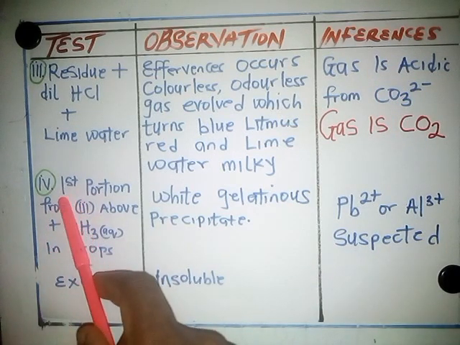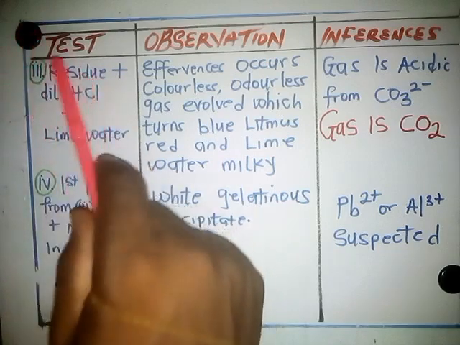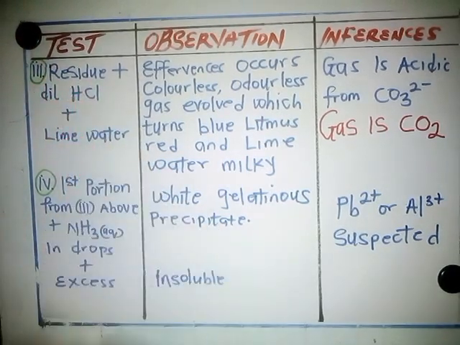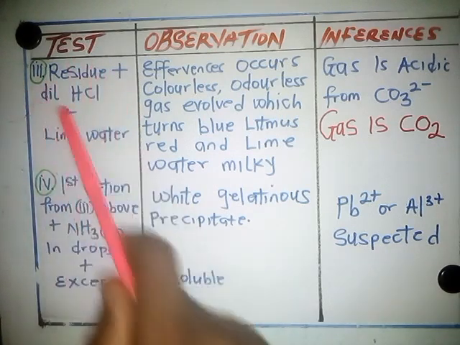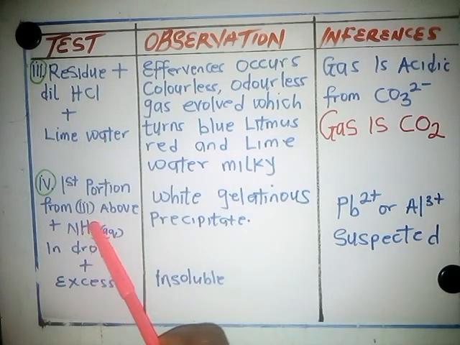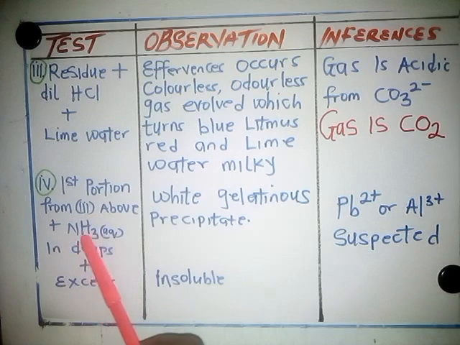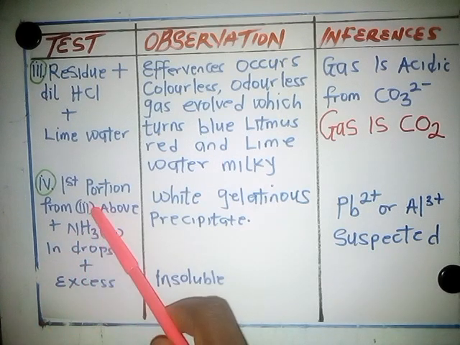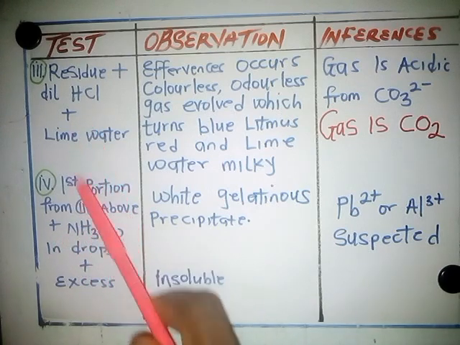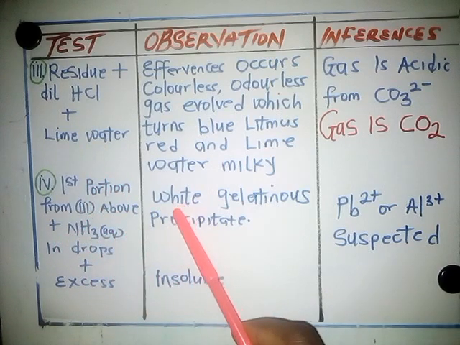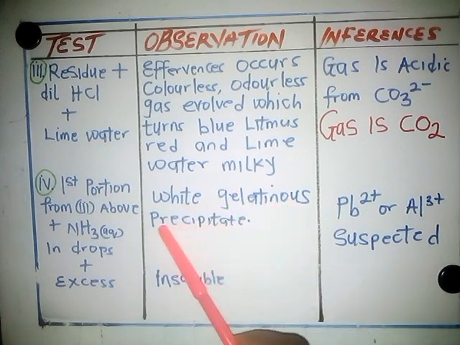Now we have to take some portions of this mixture here. So I'm saying first portion from 3 above, which is this mixture now, plus aqueous ammonia in drops and in excess. When you add aqueous ammonia to this first portion, you are going to get a white gelatinous precipitate.